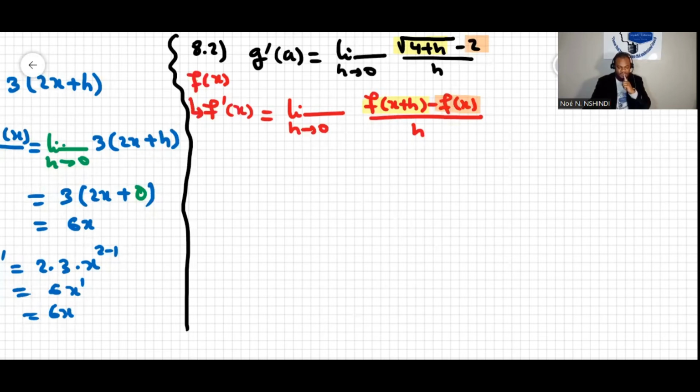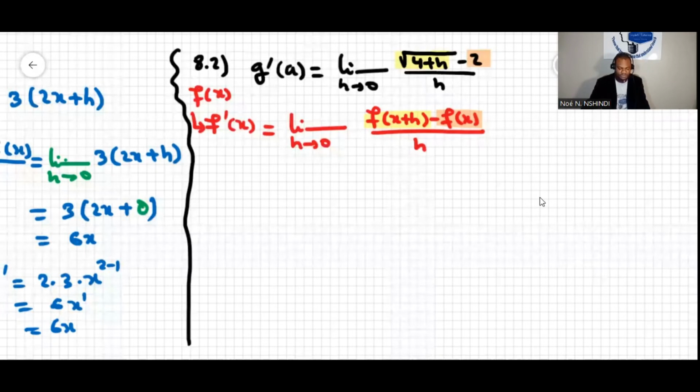Now, how can it be? Yes, it could be possible if this 2 was actually square root of 4, because square root of 4 is equal to 2. It's like this is f of x plus h, and that's minus f of x.